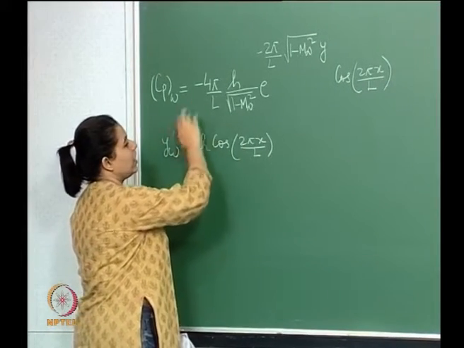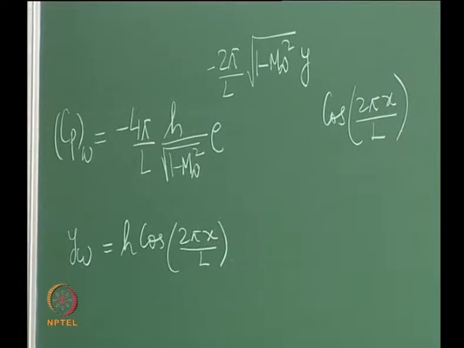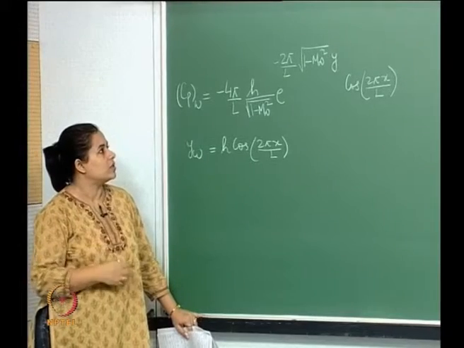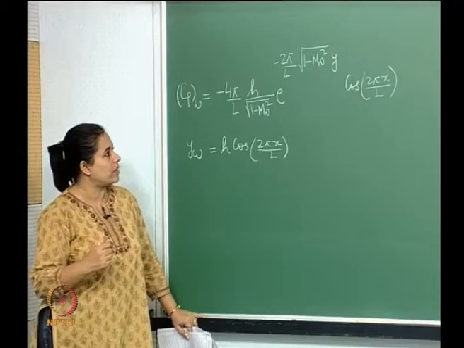However, this is at 180 degrees phase lag because of this negative sign, as a result of which we saw that there was no horizontal component of this pressure, as a result of which there was no drag. So which was the commonly known D'Alembert's paradox.